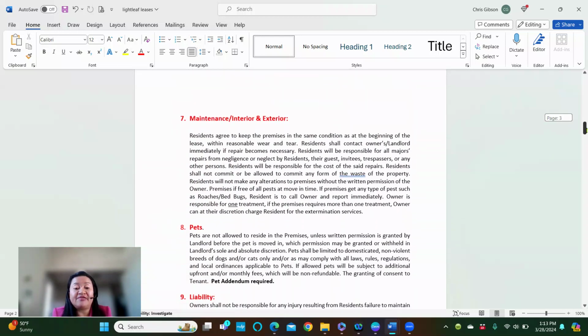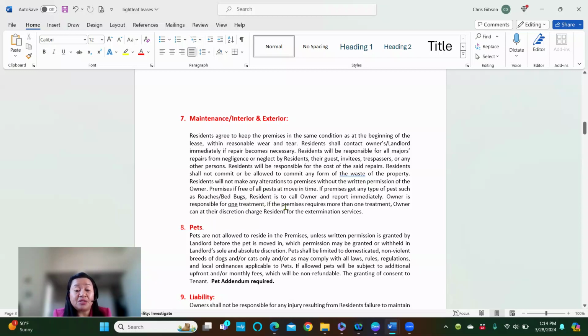Number seven is maintenance and exterior. For repair and maintenance, the property owners are the ones to shoulder that. Also, if there are bugs or cockroaches in the unit, the resident must inform the landlord or the property manager about the problem, and the owner is responsible for one treatment.